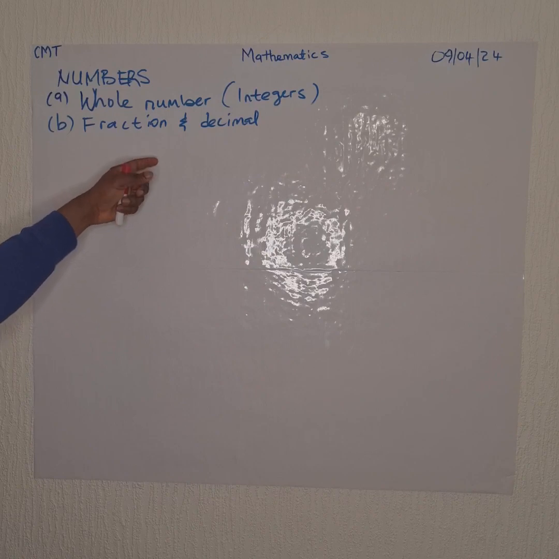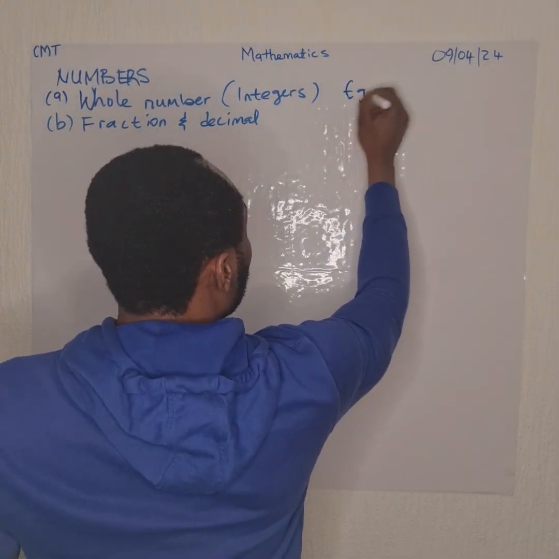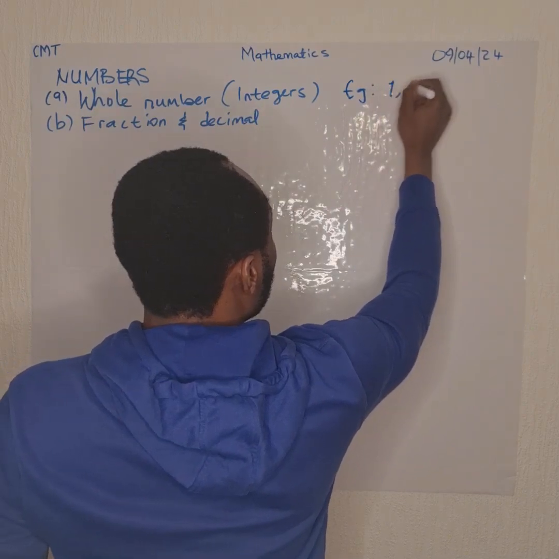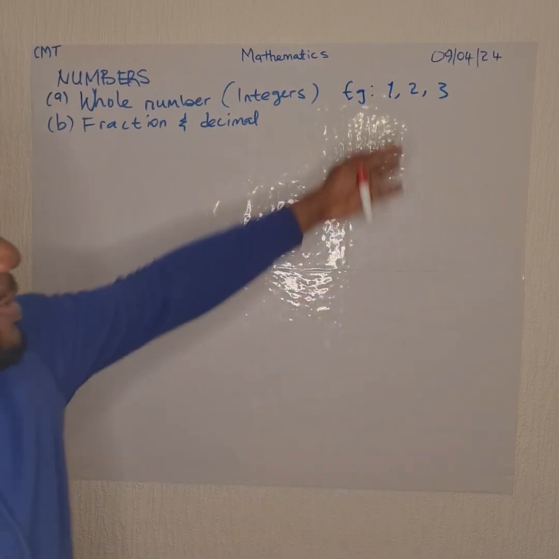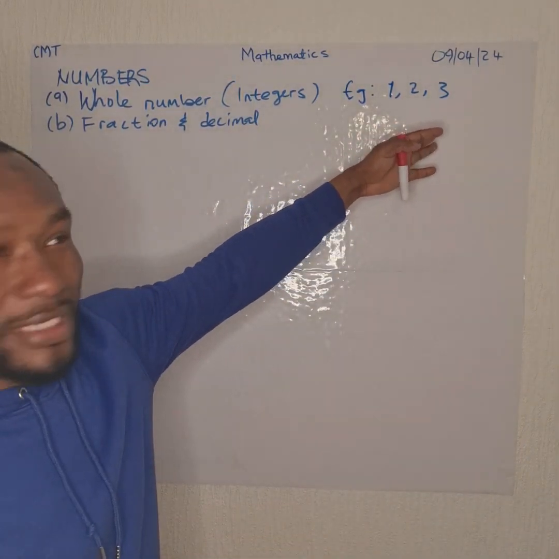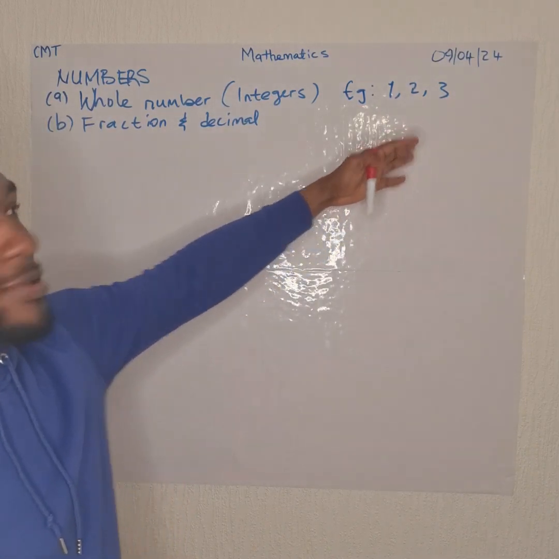So integers: 1, 2, 3. There's no decimal part. There's no fractional part.